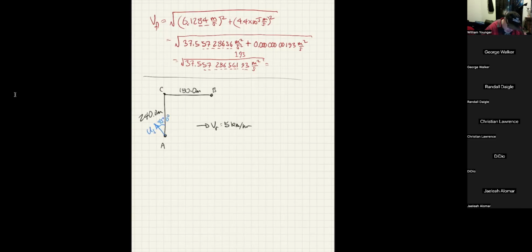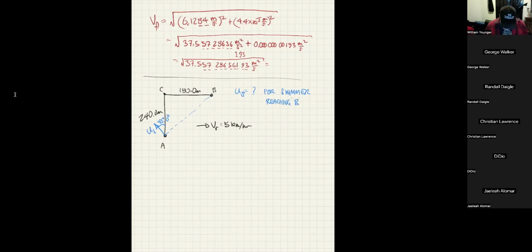And what we want to know is what must u sub s be to get the swimmer to end up at B. So u sub s equals question mark for the swimmer reaching B. In other words, just going along that line.